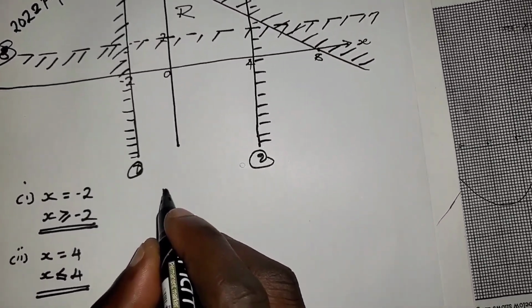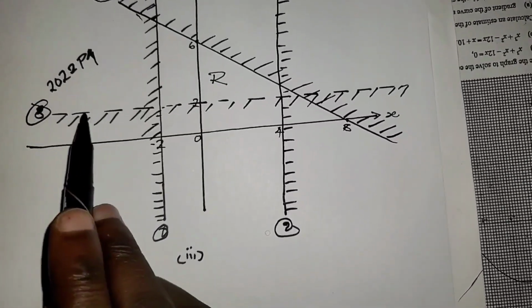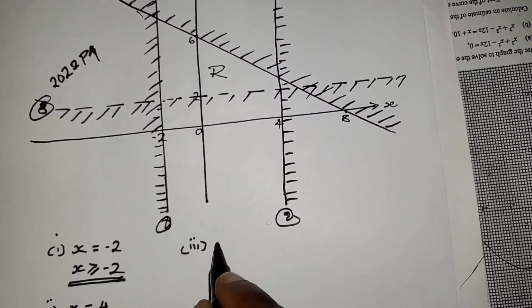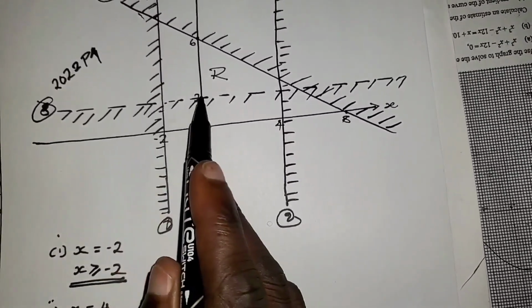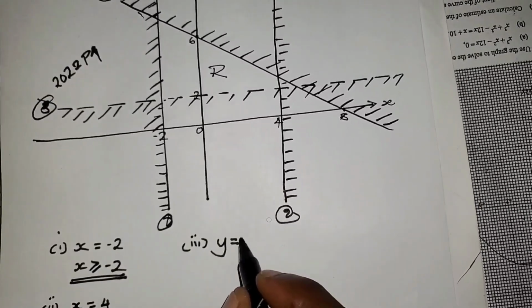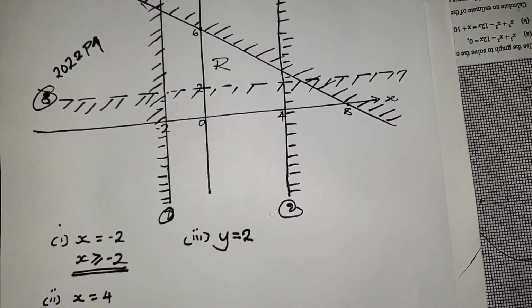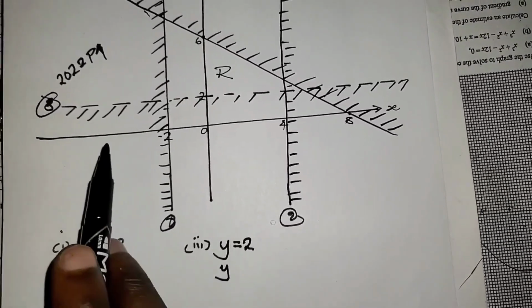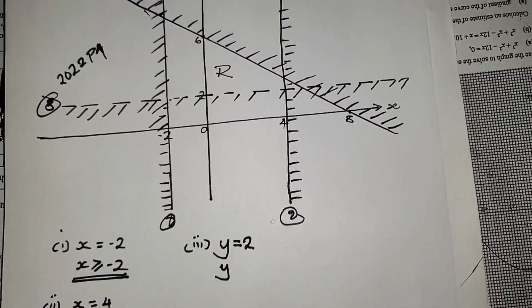Let's go to the third inequality. The third inequality is this one. Now this is horizontal, it is y equals, cutting at +2, so y is equal to 2. Now let's come up with the inequality. Since it's y, the shading is on the less than, down.